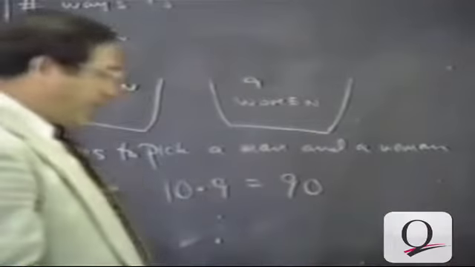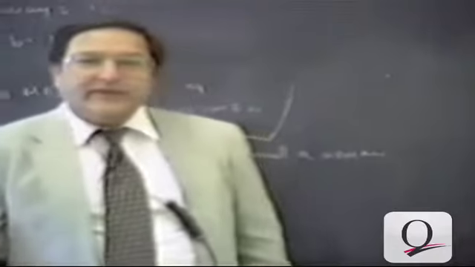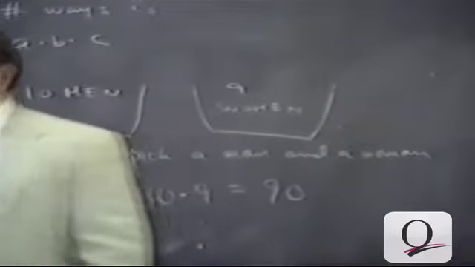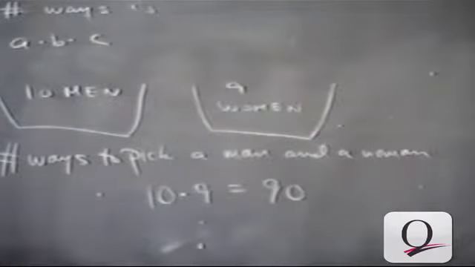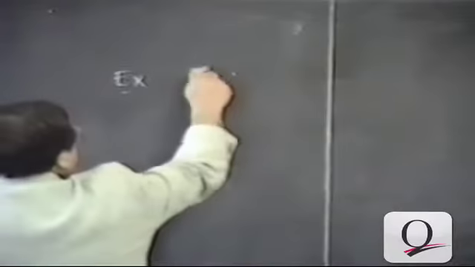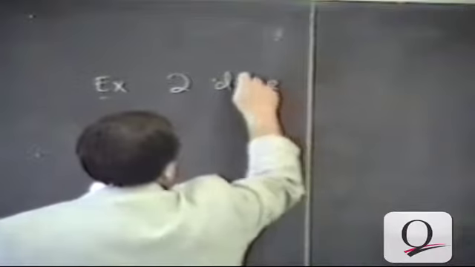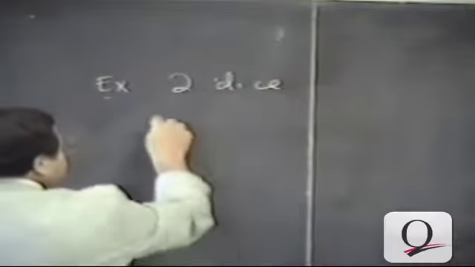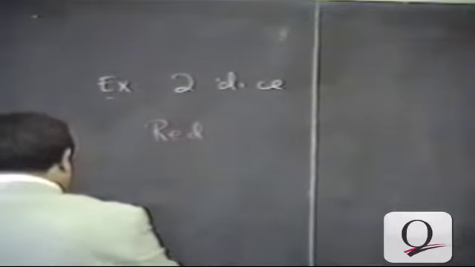Suppose you have 2 dice. Well, now I can use the color chalk. Suppose you have a red die and a yellow die.